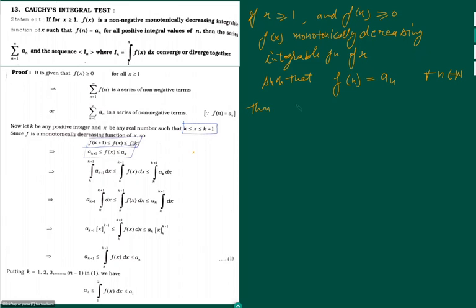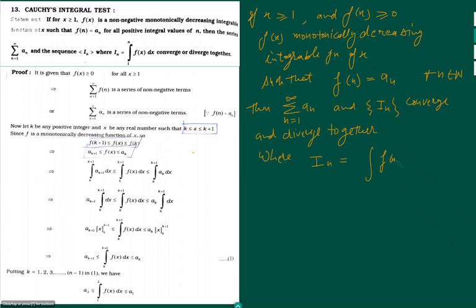Then the series summation a_n, n varying from 1 to infinity, and the sequence I_n converge and diverge together. Where I_n is the integral of f(x) from 1 to n dx.